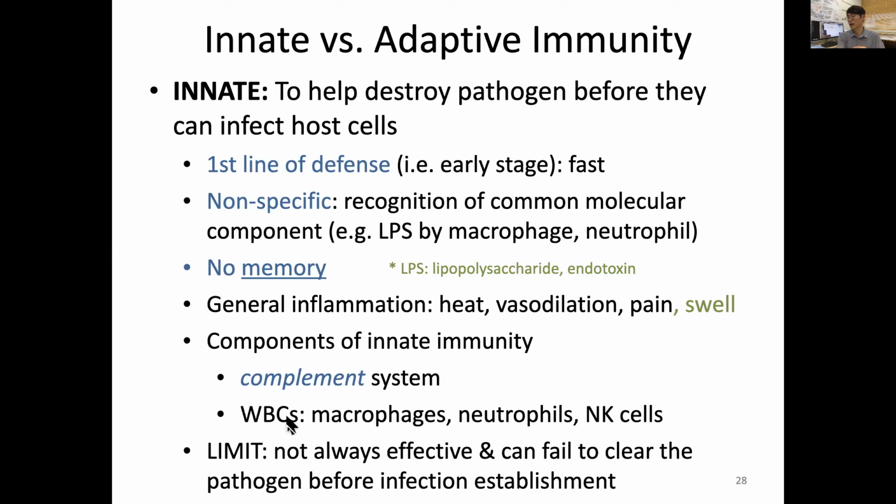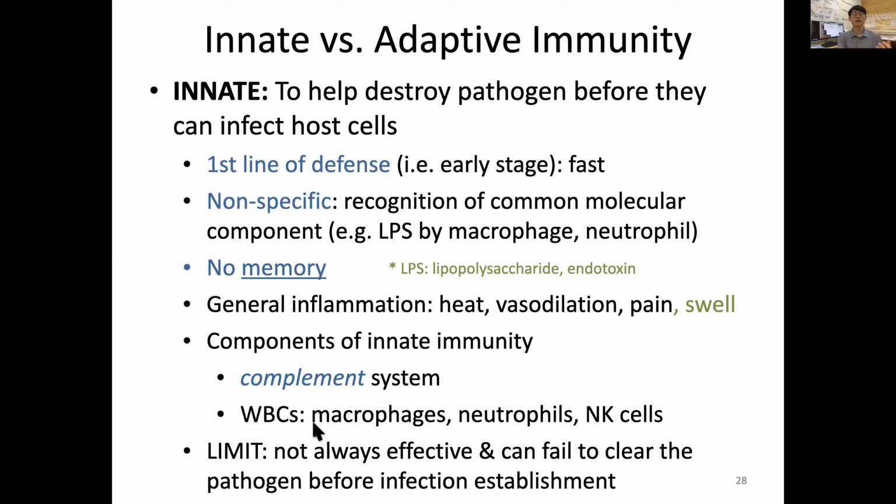Another component of innate immunity is white blood cells, containing macrophages, neutrophils, and NK cells, or natural killer cells. These are more like general innate immune cells.